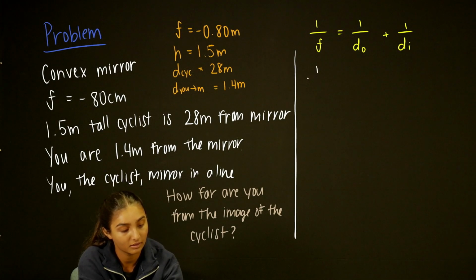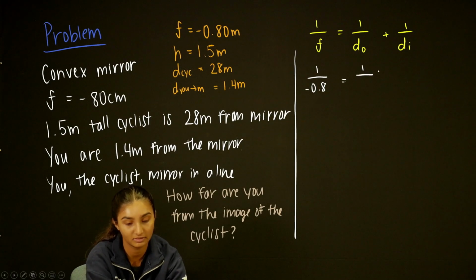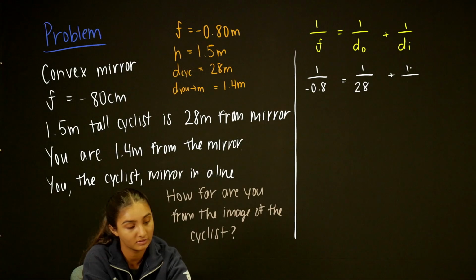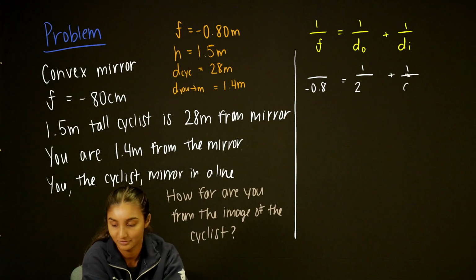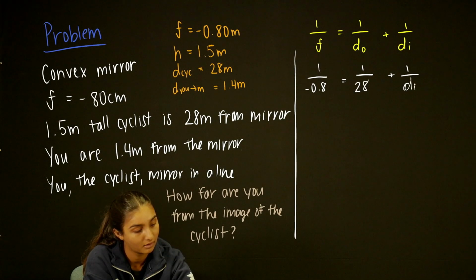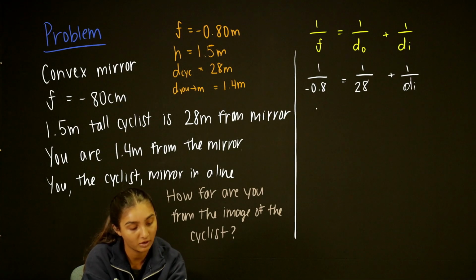So for our focal length, we have 1 over negative 0.8 equals 1 over the distance of the object, which is the distance of the cyclist, so that is 28, plus 1 over the distance of the image of the cyclist. So you would just subtract.